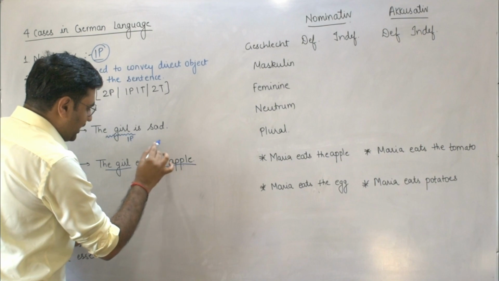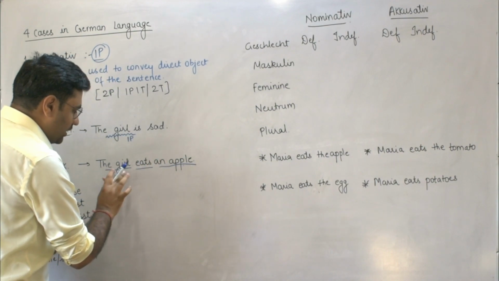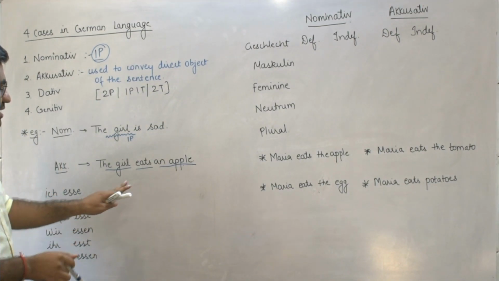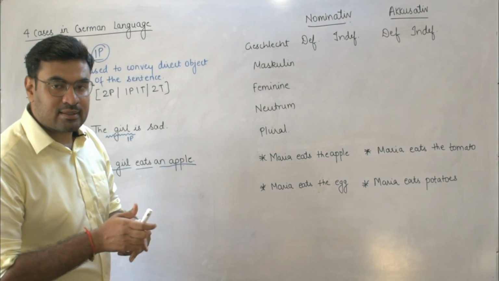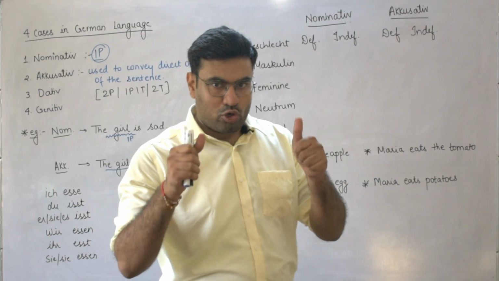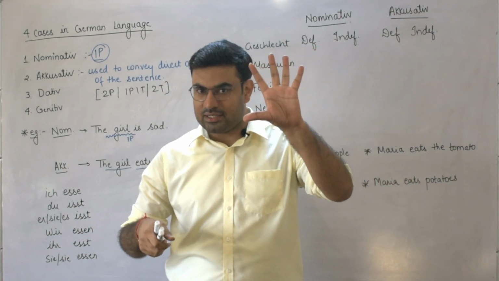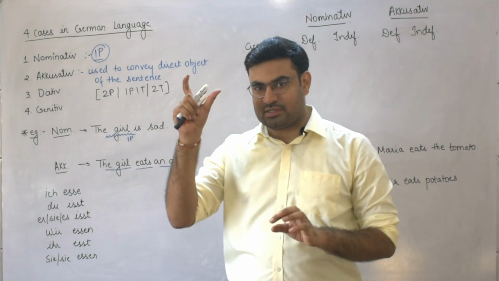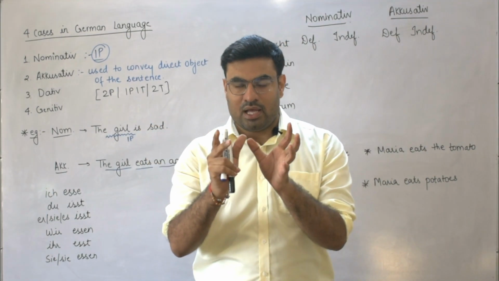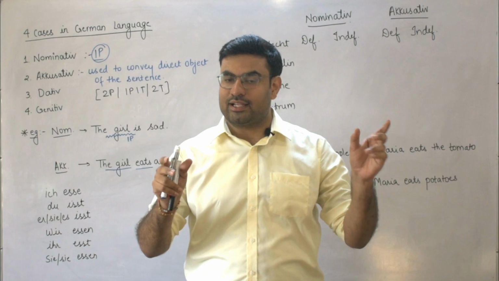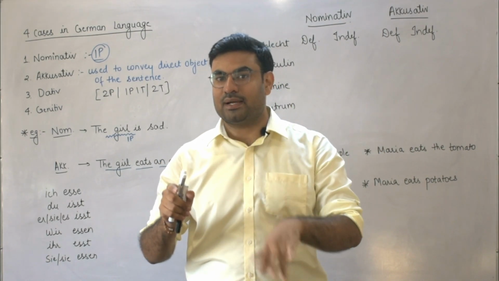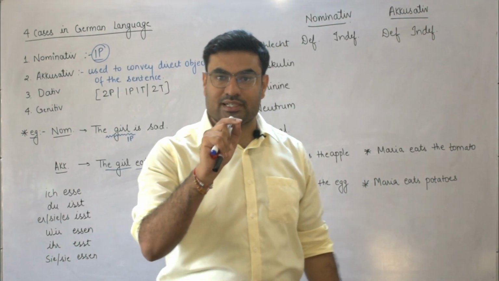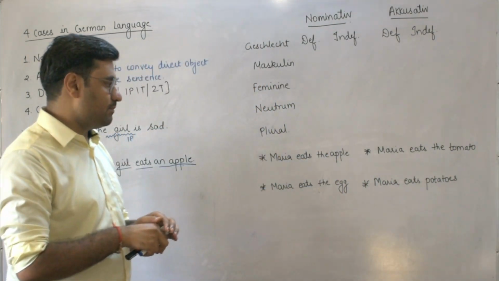The apple is getting influenced by the girl directly because the girl eats an apple. So this is a typical example of an accusative case. Again, for the nominative case, we have a single subject, nothing else. In accusative, we have a subject, a verb and an object, and the object is directly influenced by the action done by the subject. So this is a direct object, and for a direct object we have the accusative case.